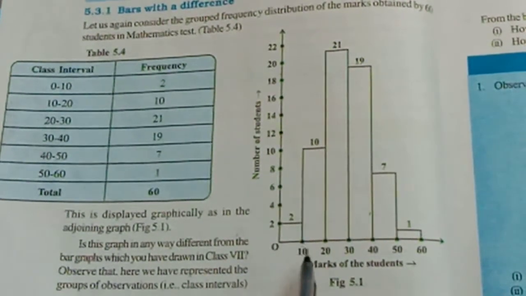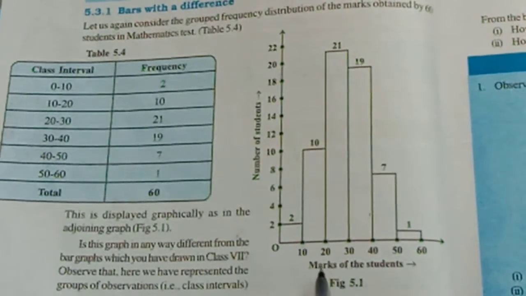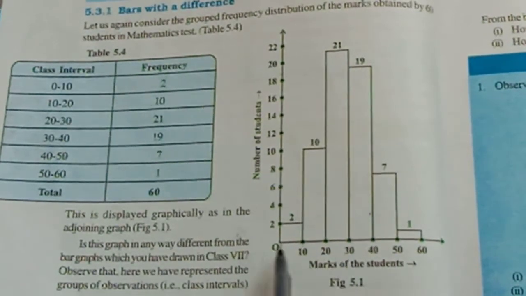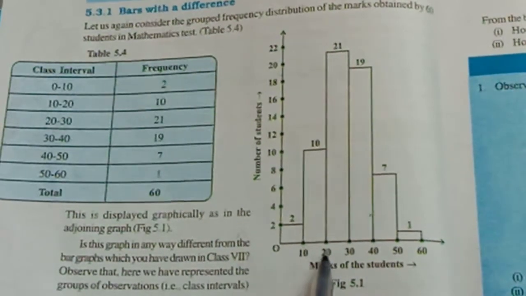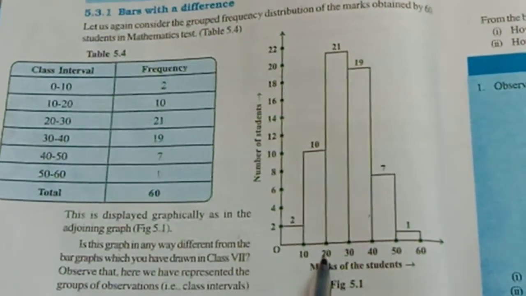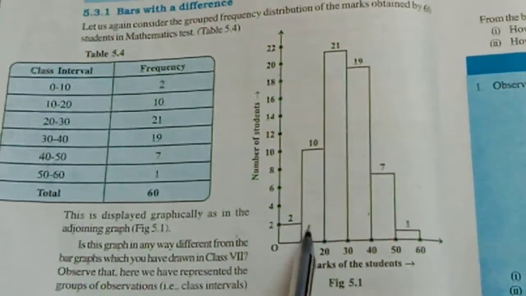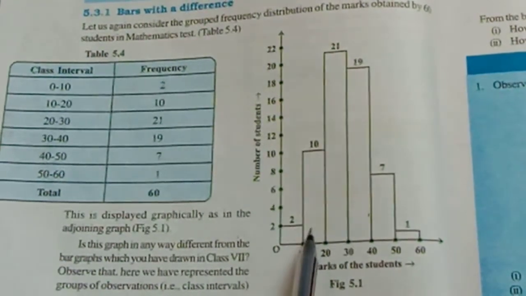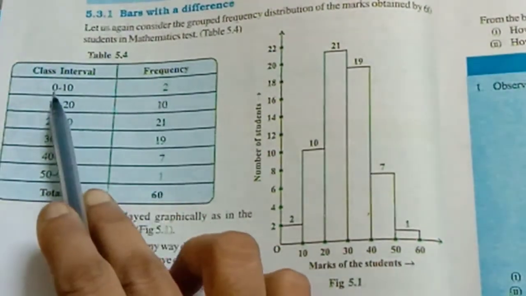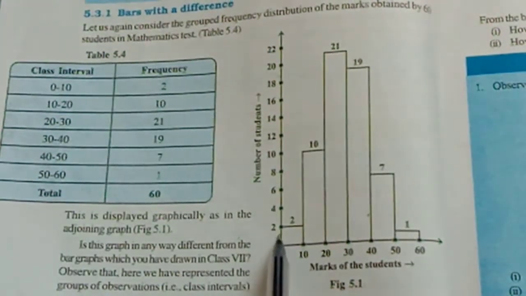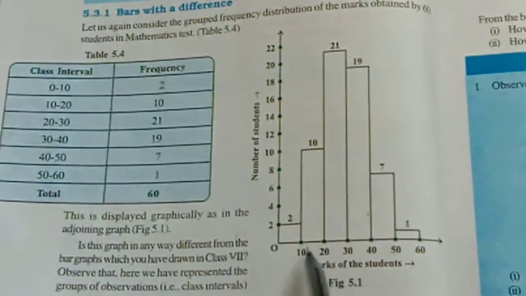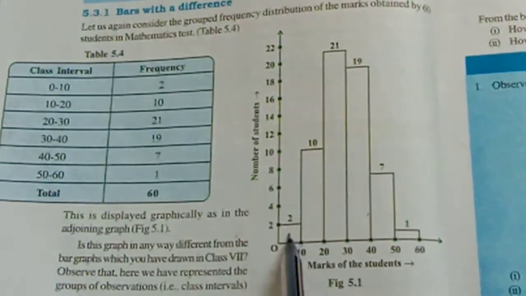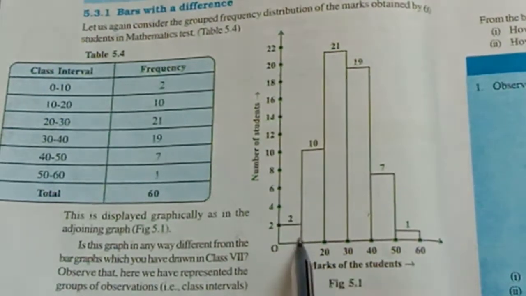We are not getting this kind of gap because all are interconnected. 0 to 10, then the next bar will be 10 to 20, then the next bar from 20 to 30. Can you see? The frequency for 0 to 10 is 2, and for 10 to 20 it is 10. So the common wall will be there.